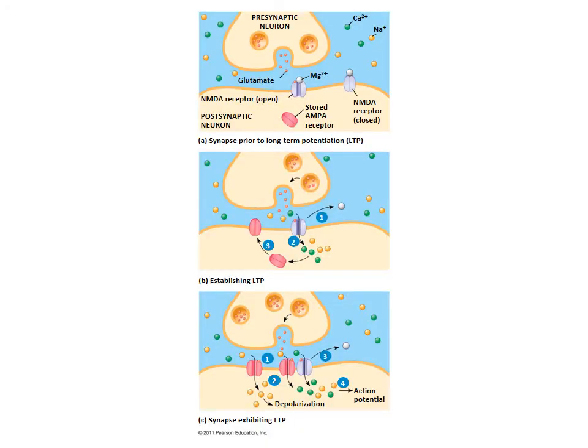Here is a cartoon version showing you how we have long-term potentiation. So we have a presynaptic neuron right here, and it is giving out glutamate, and we have these receptors which are going to actually take it up in the postsynaptic neuron. Because they are going to take it up, we have then a loop being established.